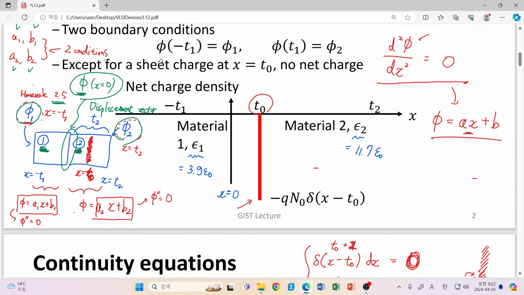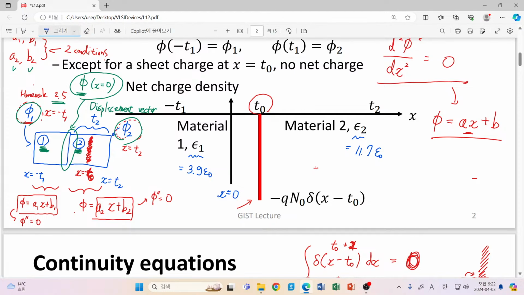We are talking about three-dimensional density specification, and by specifying n sub naught times the Dirac delta function, I mean that there are charges highly concentrated at x equal to t sub naught.